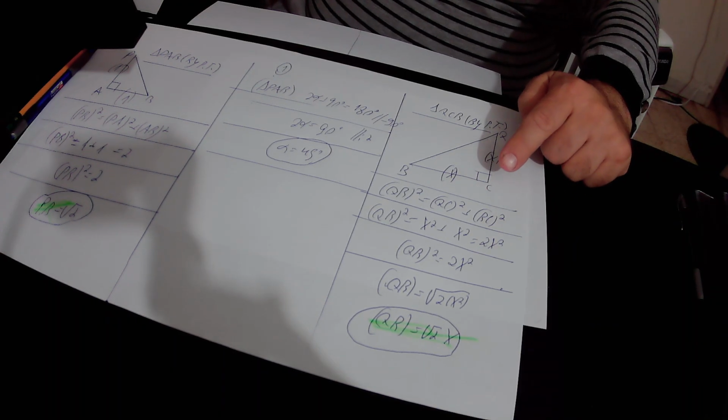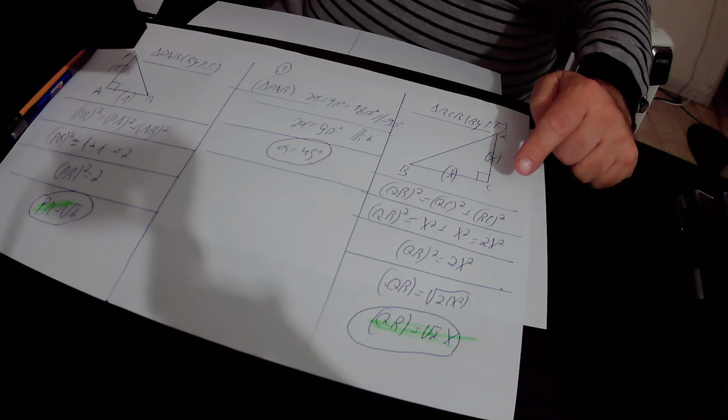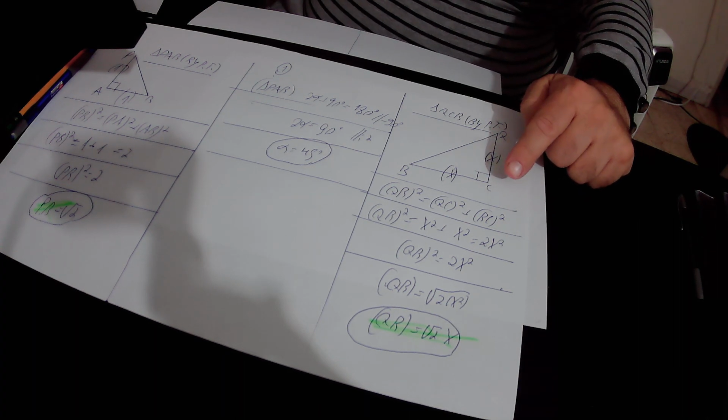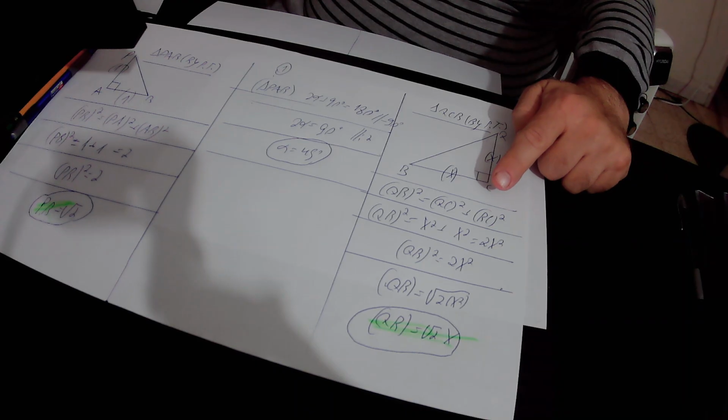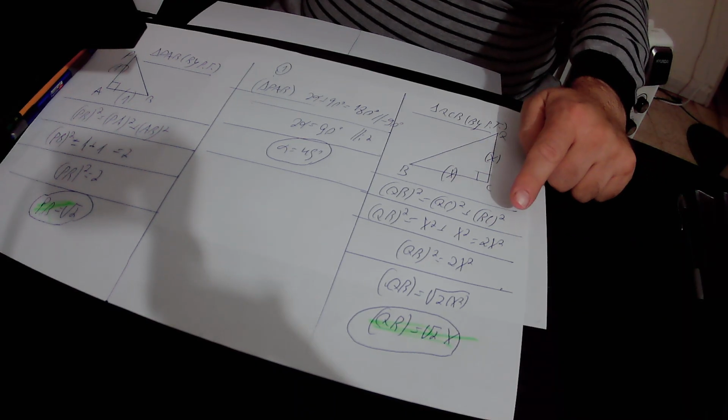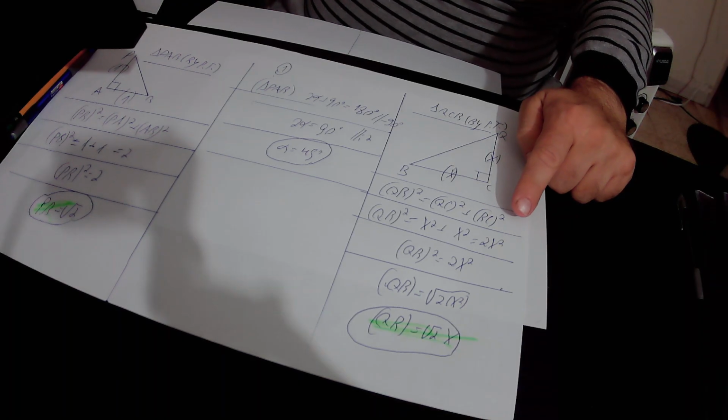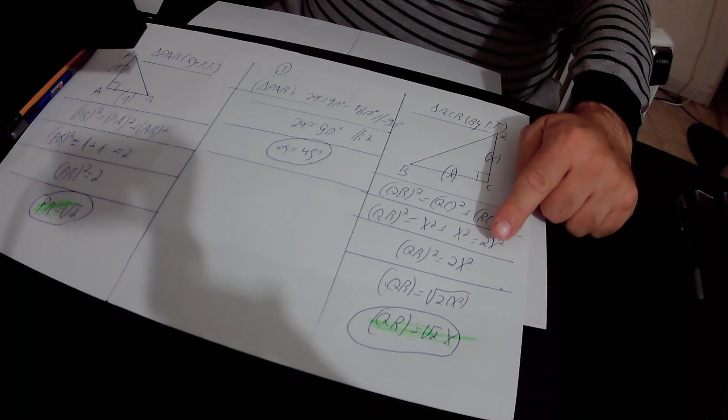QC is x, therefore QC square is x square, plus BC square. BC is x, therefore BC square is also x square. So in total, QB square equals x square plus x square, that is 2x square.